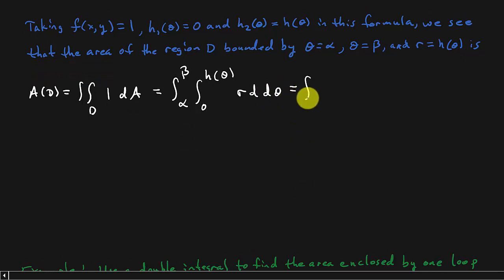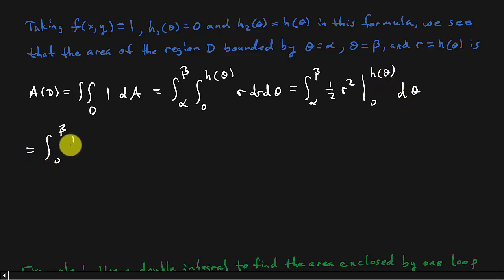And so this is going to give us the integral from alpha to beta of 1/2 r squared from 0 to h(theta) d theta, which is the integral from alpha to beta of 1/2 times h(theta) squared minus, and look, when you plug the 0 in, that's going to be 0. So we'll just leave it like that, and that's d theta.